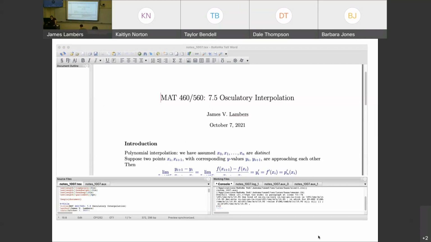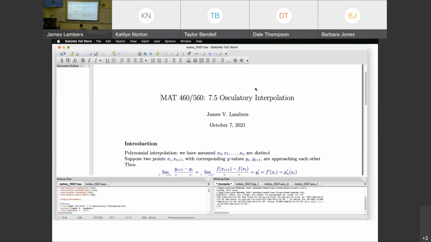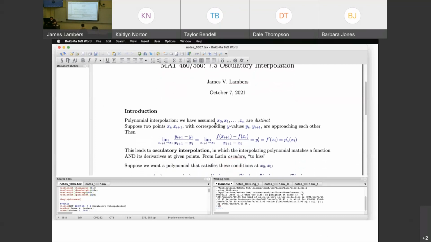Okay. So, all along, we've been assuming in polynomial interpolation that the x values for our data points are distinct. So, what happens if they're not? What we can do is, if we have two distinct x values, xi and xi plus 1, and these are our y values, and we let one of them approach the other one.